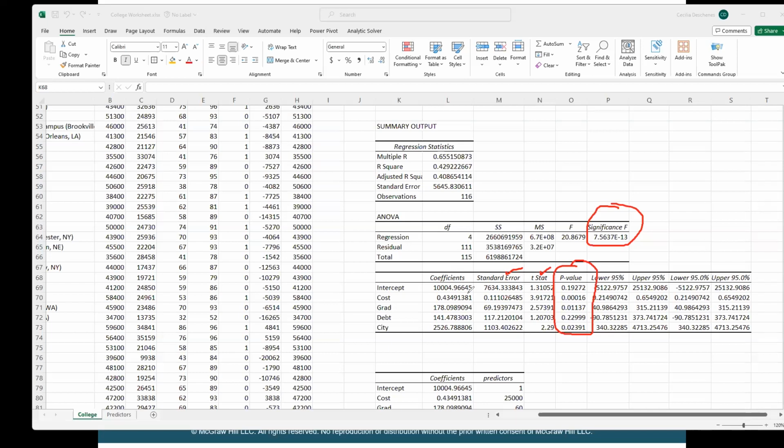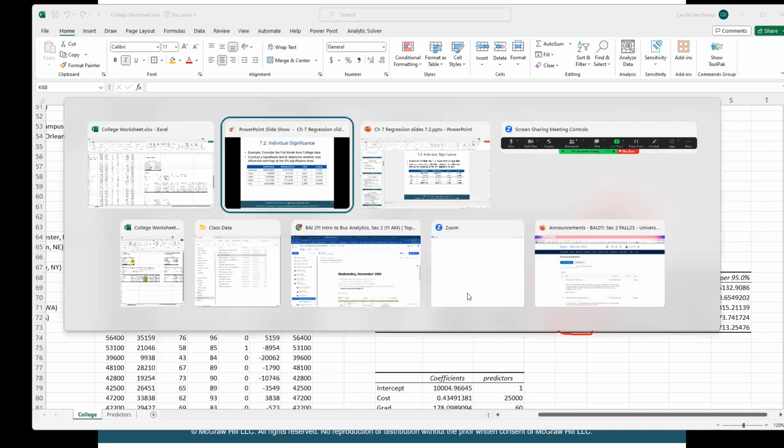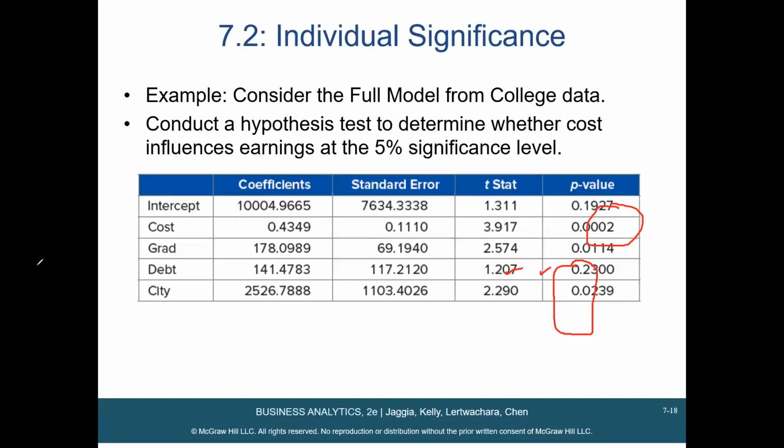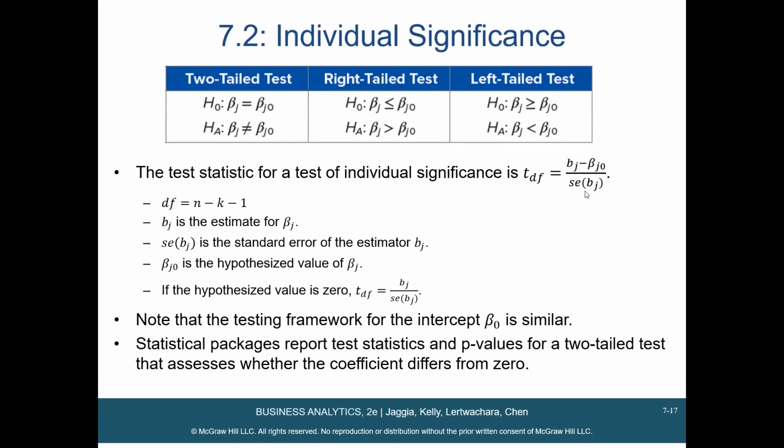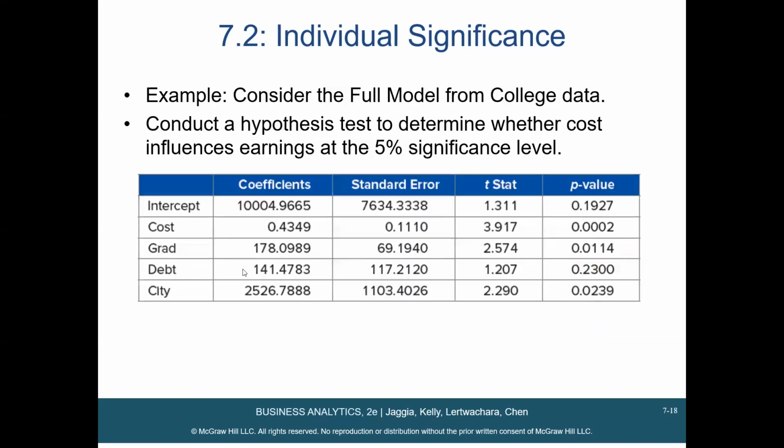Let's go back and make sure we know where to place each piece here. So we have the standard errors being given to us, the actual t is calculated, and then the p-value of a two-tailed test is calculated as well. All right, so we have all those p-values.